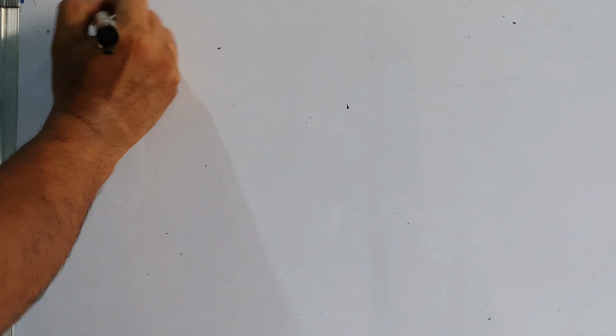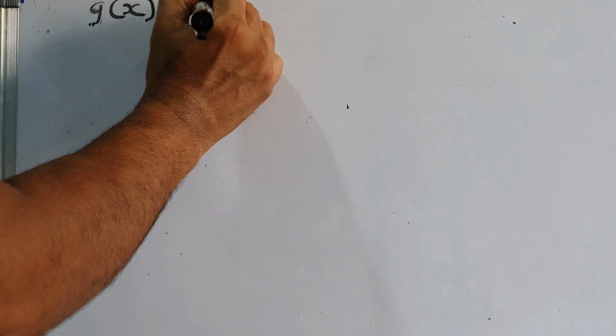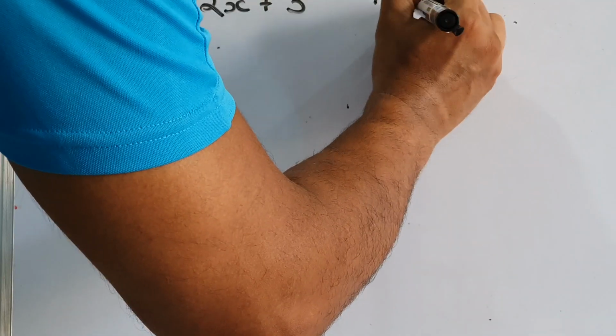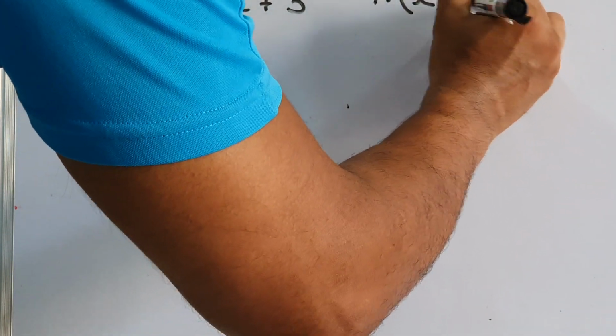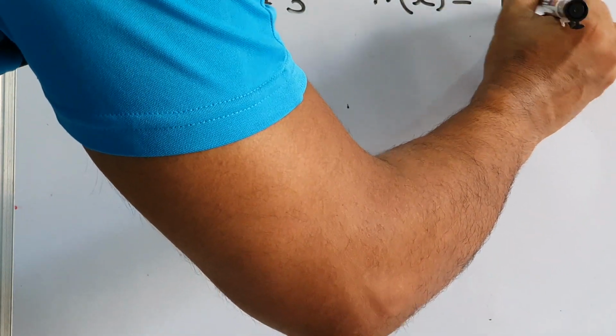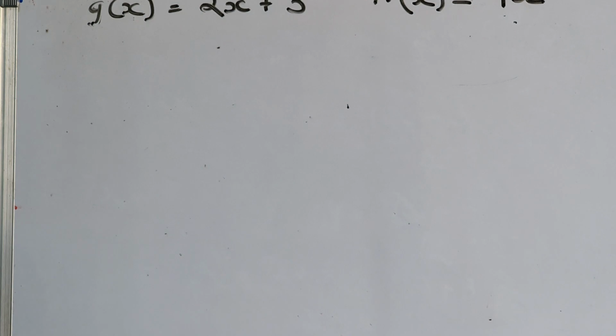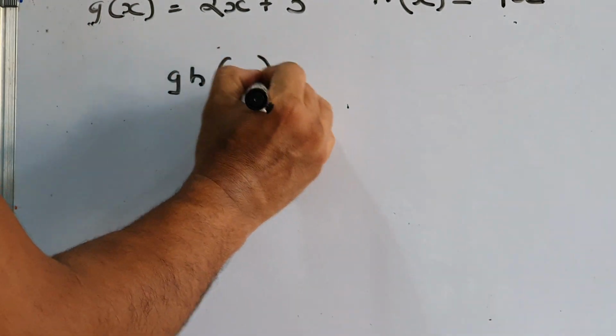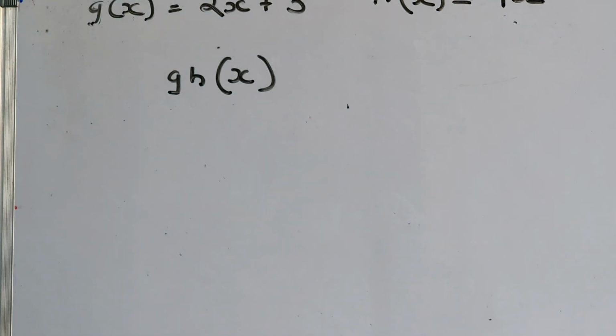Let us see an example. g of x is given to me as 2x plus 3 and h of x is given to me as 4x, and they are asking find gh of x. Look at this question carefully.